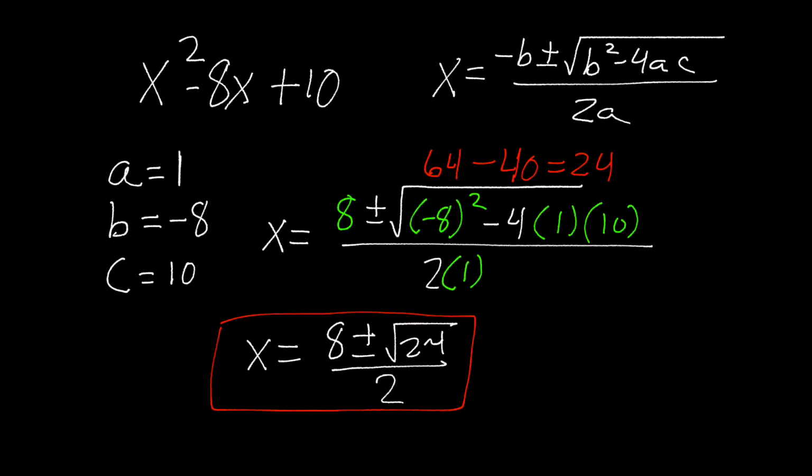If this was a little bit more advanced of a math class, we could talk about how we could simplify the square root of 24, but we're not going to be worrying about that right now. So we have successfully solved this second example as well. There's one more thing I want you to know about, because some problems that you run into might work out a little bit differently.